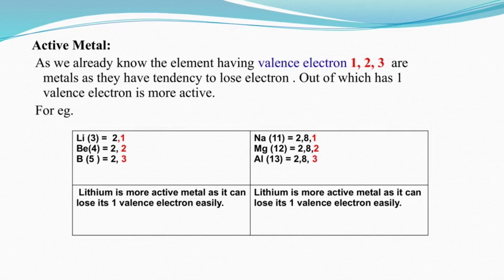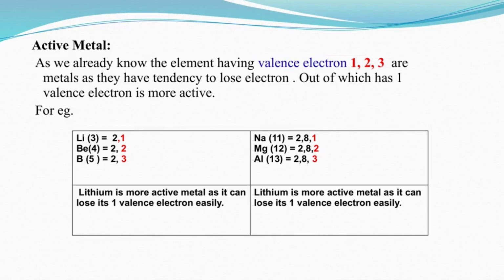Active metal means, as we already know, elements having valence electrons 1, 2 and 3 are metals, as they have a tendency to lose electrons. Out of these, the metal having one valence electron is more active, because it can lose 1 electron more easily as compared to losing 3 electrons.